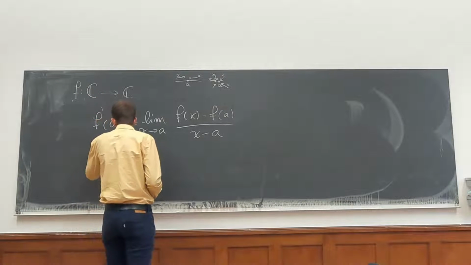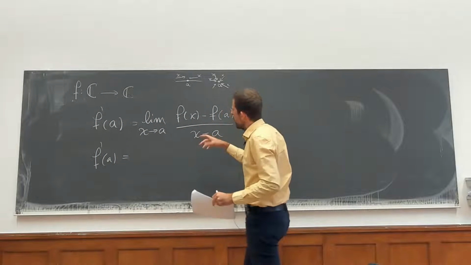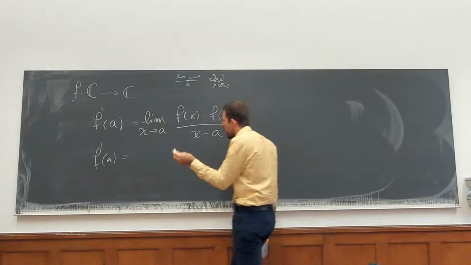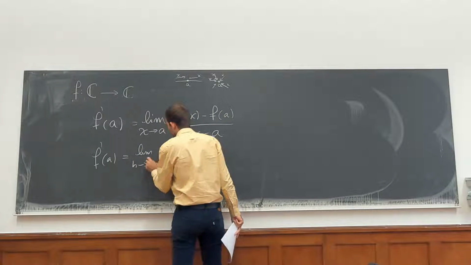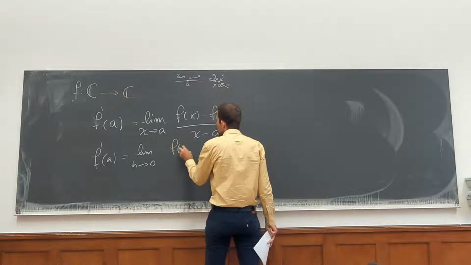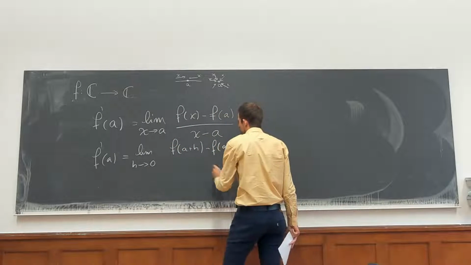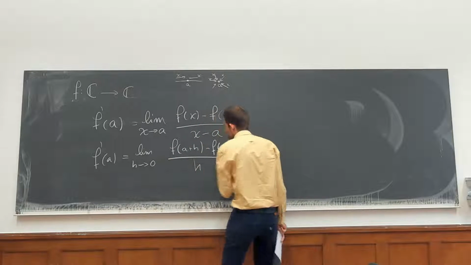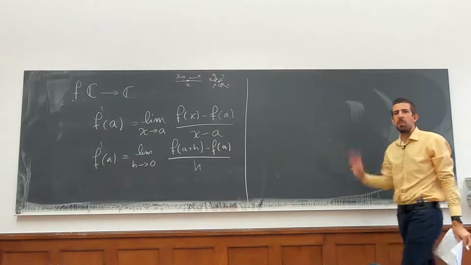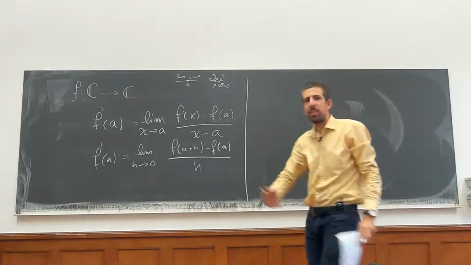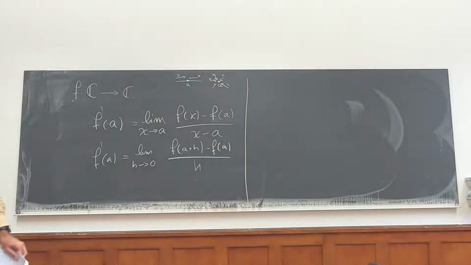Okay, and it's useful, as I did last time, to write this limit in terms of x minus a and call it some kind of increment h. And we saw already a surprising consequence of this definition.